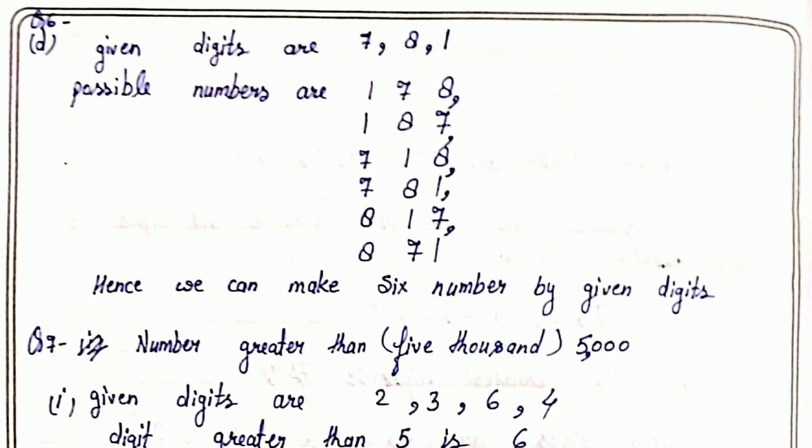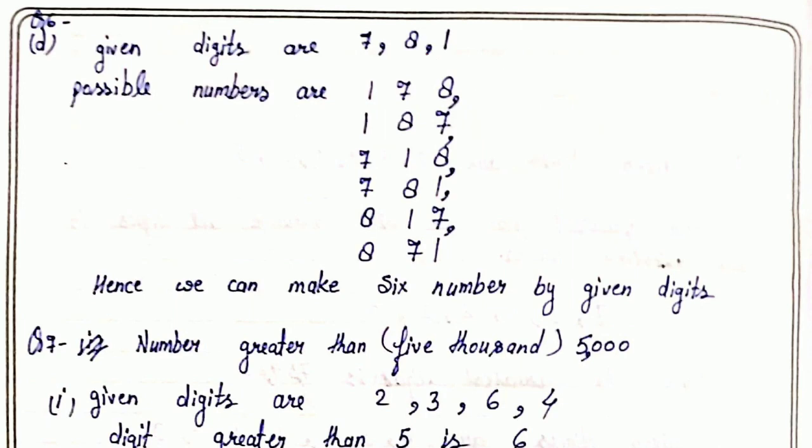Now see the answer. In this fourth part, the digits are 7, 8 and 1. One time we take 1 and stick it at the hundreds place, and then exchange 7 and 8. So 2 possible outcomes can come: 78 and 87, so the numbers will be 178 and 187.